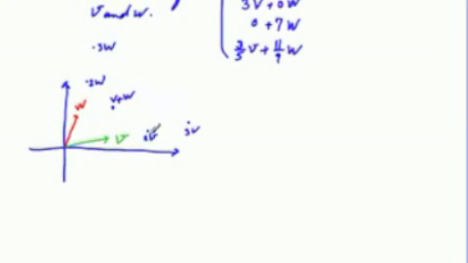How about 2v plus w? That's going to be about here, is that right? That is 2v plus w. How about 3v plus w? Well, that's going to be kind of like here. And so on. v plus 2w. v plus 3w. What does this thing look like?